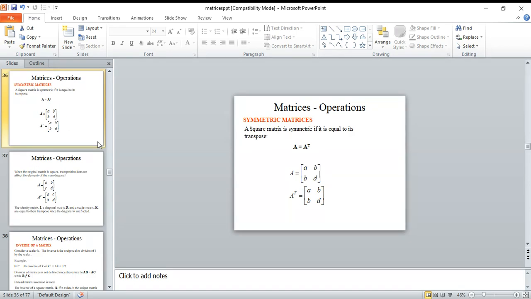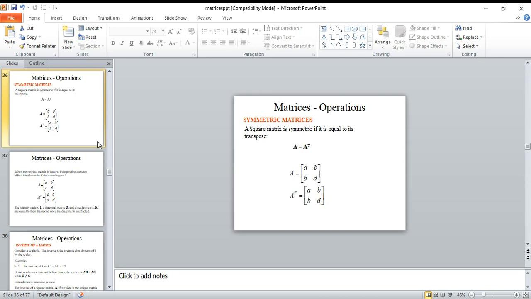Symmetric matrix. A square matrix is symmetric if it is equal to its transpose. So the transpose and A, see, those are equal. This type of matrix is called a symmetric matrix. For example, A equals [a b; b d].